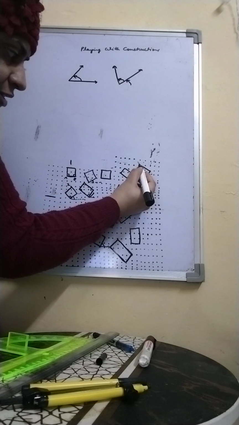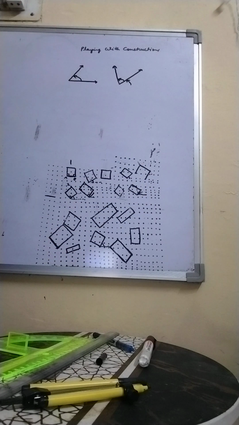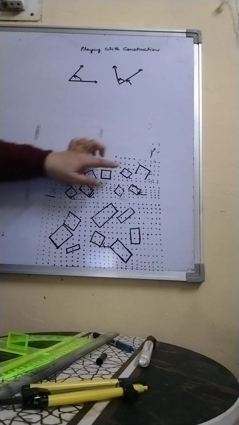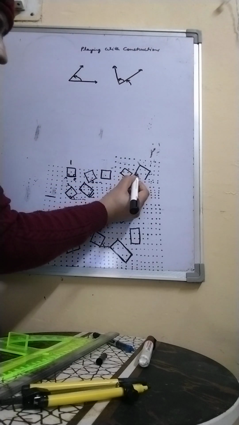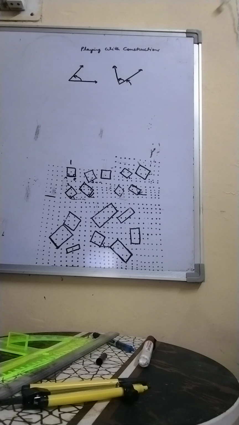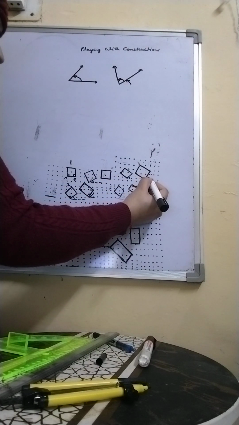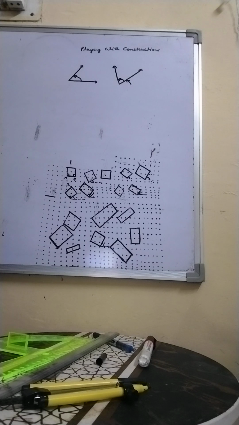Then while drawing the third case, I am leaving one line and joining the third point, and then I join the fourth one. So now this angle and this angle are different. So you get the square.